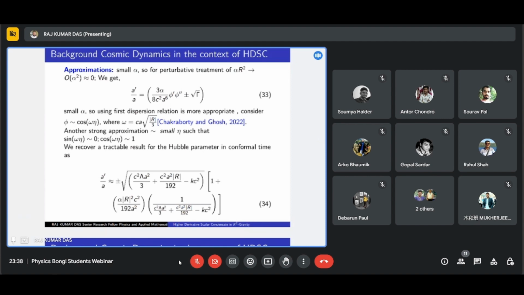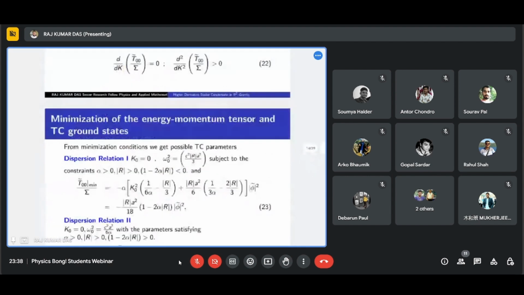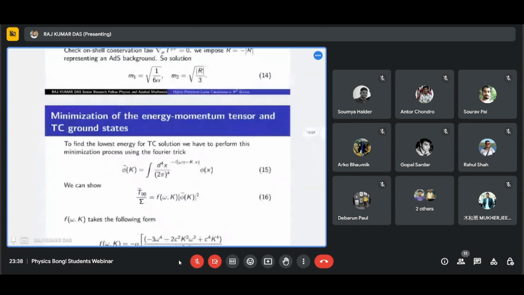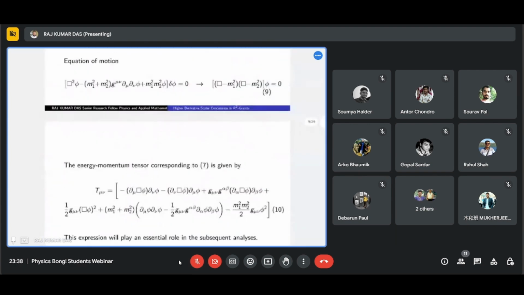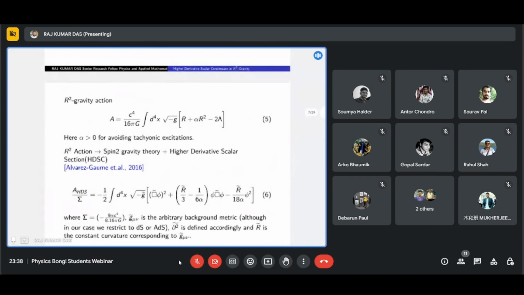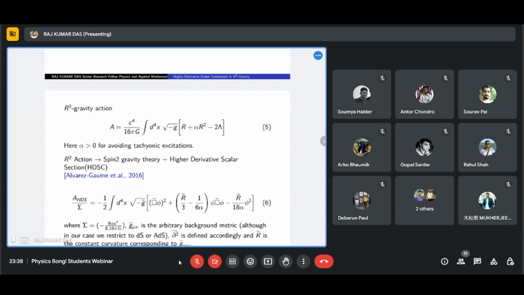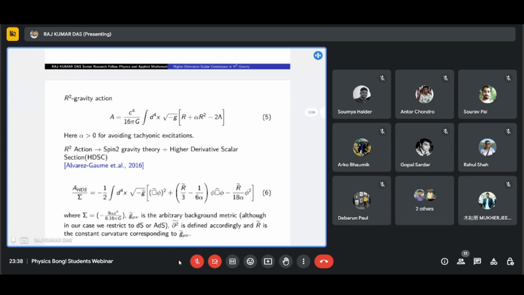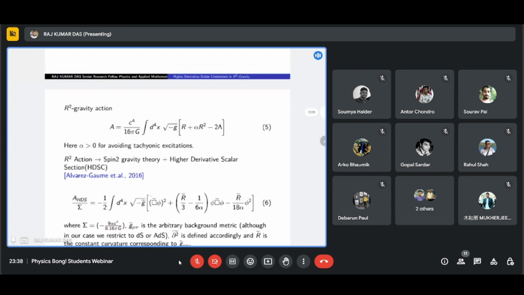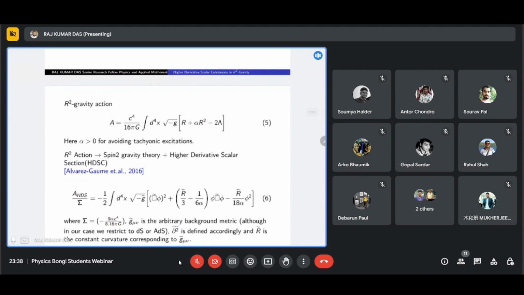Okay, so if you see the first slide, it is visible that the alpha R squared term we have taken as a higher order term in the Lagrangian. And if you decompose in phi, you'll see that there is a higher derivative term in the Lagrangian, box phi squared, that arises here, right?